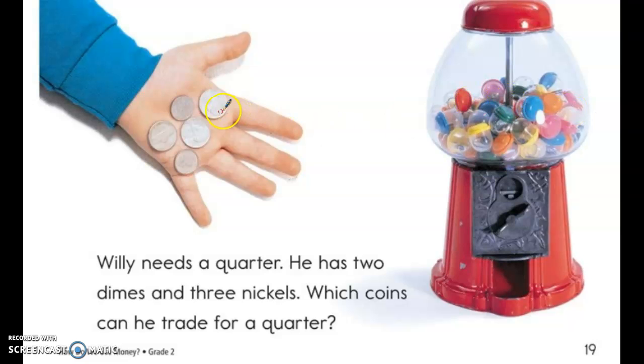Yes. Here's 1 dime, which is 10. Another dime, which is 20. And the nickel, 5, 10, 15, 20, 25. Good job. He has enough to trade for a quarter. Very nice.